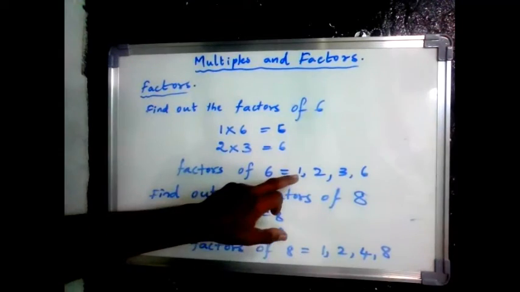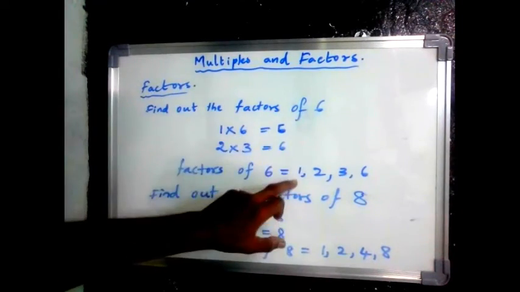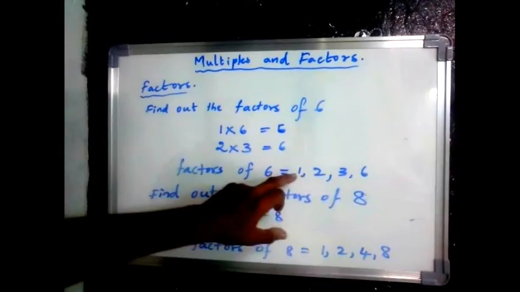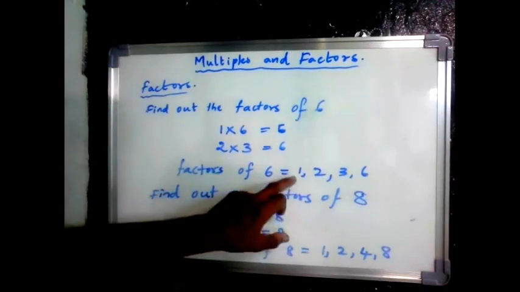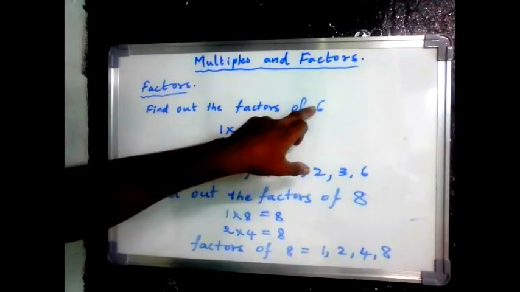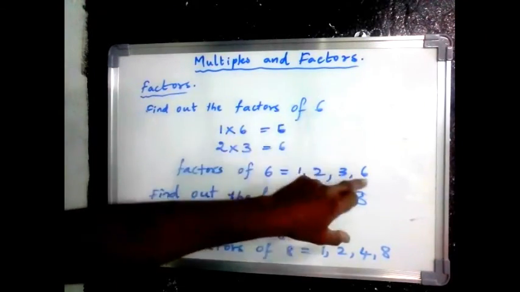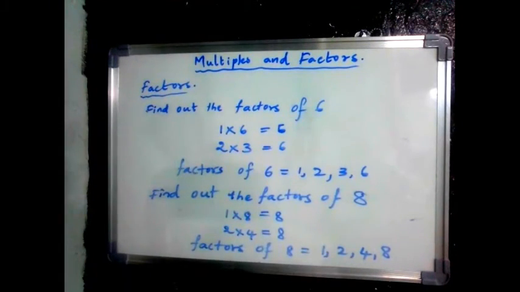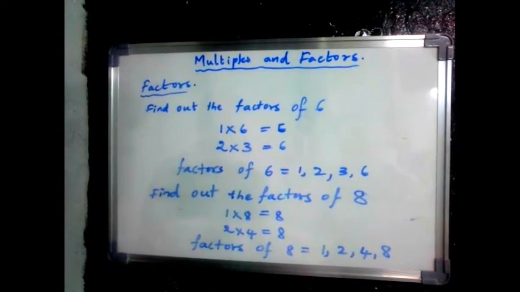In the same way, with these three examples, 12, and now 6 and 8: 1 is a factor of all numbers, and in the factors of 6, 6 is there. In the factors of 8, 8 is there. Means every number has itself as a factor.